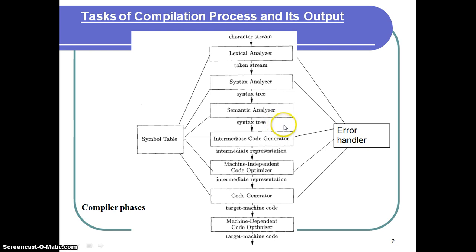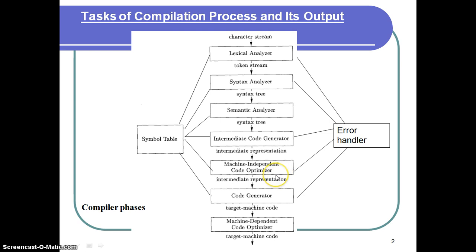forming a separate syntax tree with the meaning, where the intermediate code generator, which is represented by the 3 address code representation, will give the intermediate representation to that syntax tree.